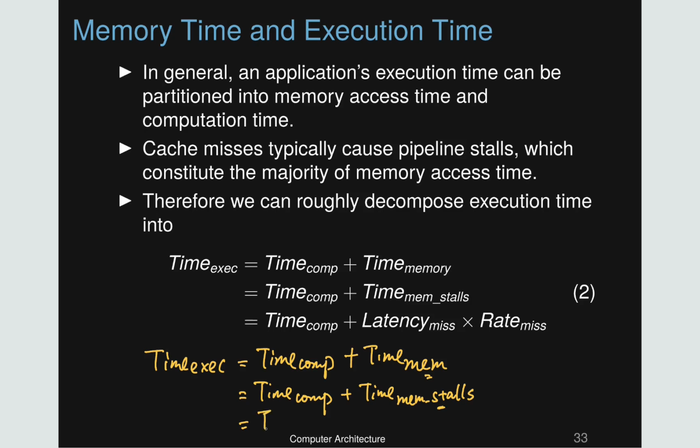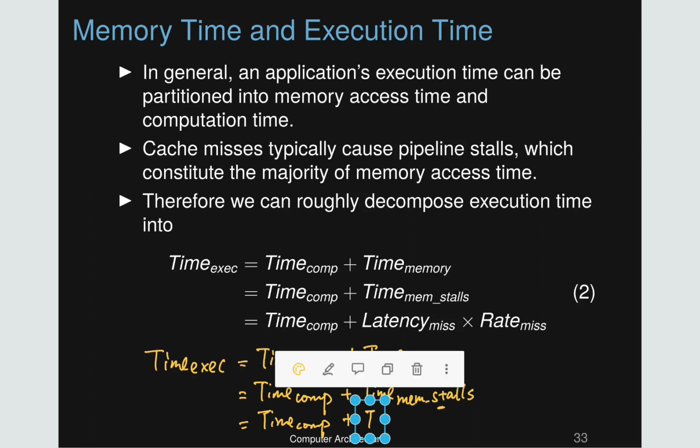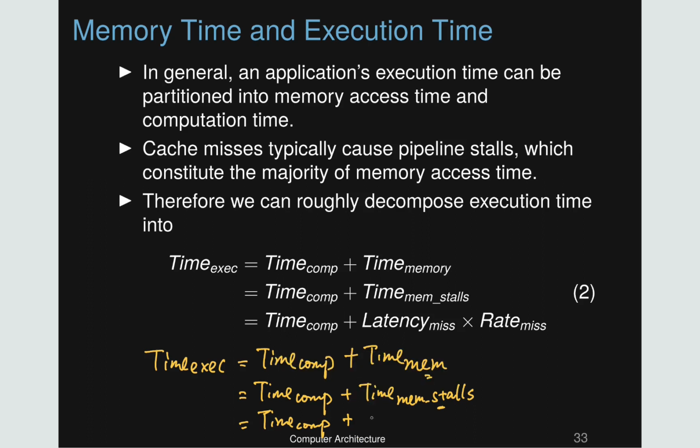So the execution time can be further approximated with the computation time, the cycles spent on doing arithmetic operations, and the time that it takes to serve cache misses. And the time that it takes to serve cache misses is effectively the miss latency multiplied by the miss ratio.